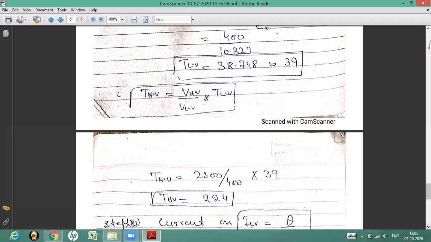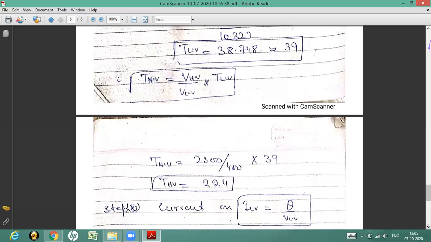Okay. So next step, you have to calculate current on the low voltage side, and the formula for the current on the low voltage side will be Q on VLV. But here you can turn this Q into 10 raised to power 3.